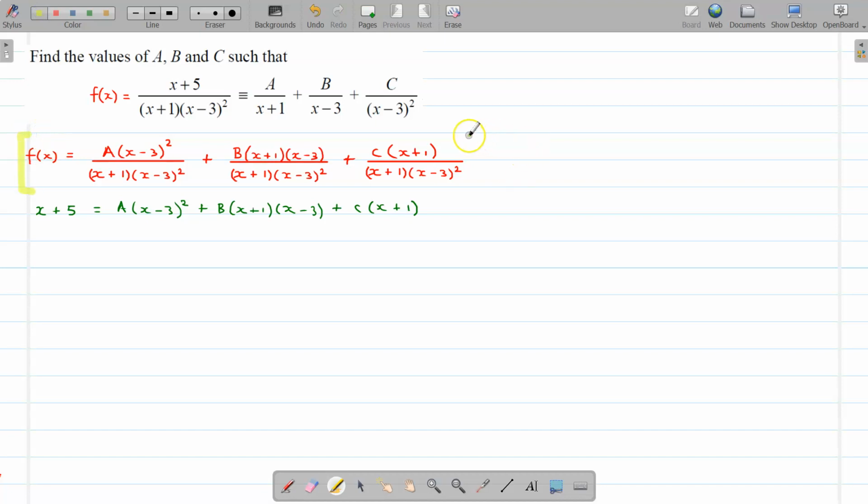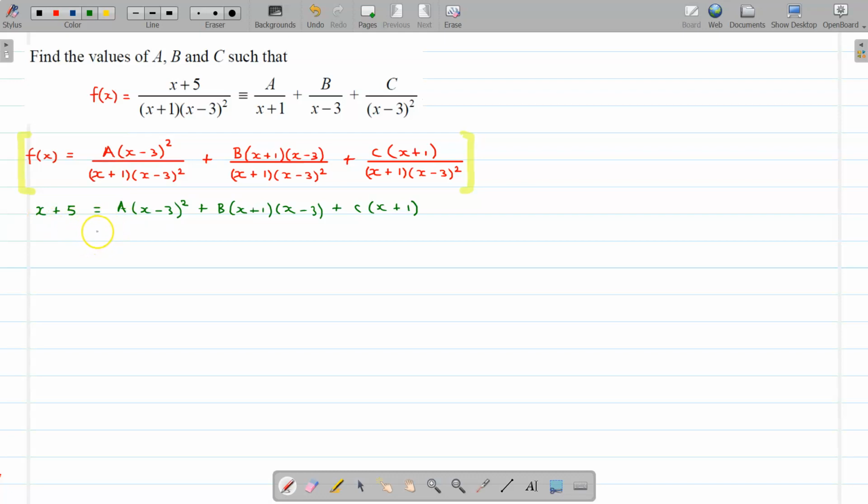You can do, of course, but it would take time, and it's not necessary. There are two methods we could use here. The method that a lot of people use is equating coefficients, and in this case it's quite long-winded. There's a quicker way, but we will do the coefficients first.